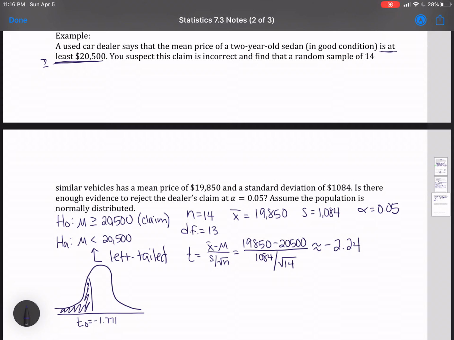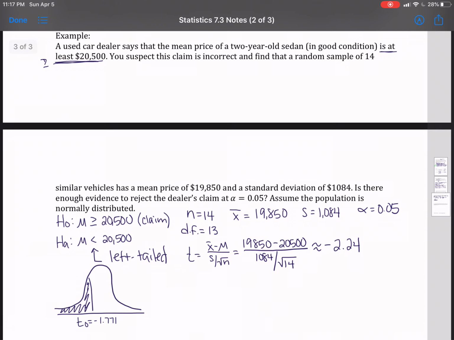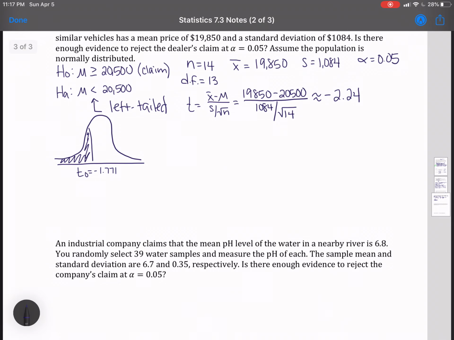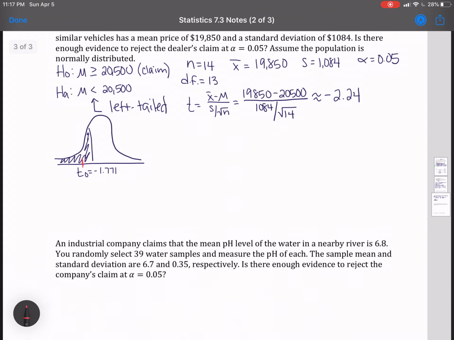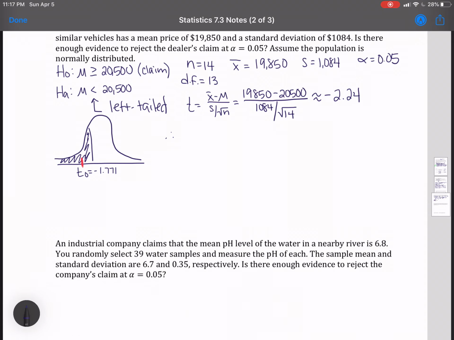So if we look at where that falls in our graph, negative 2.24 would fall to the left of our critical value, which means our decision is going to be to reject the null hypothesis.